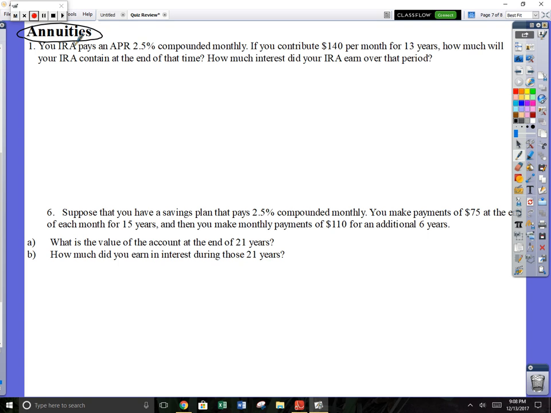So an annuity is regular installments. You're making monthly payments, you're making quarterly payments. You are continuously contributing to your investment. So that other stuff, the compound interest, all we've done so far is just one lump sum, and that never happens unless you inherit some money. So annuities, that's how the rest of us do it.